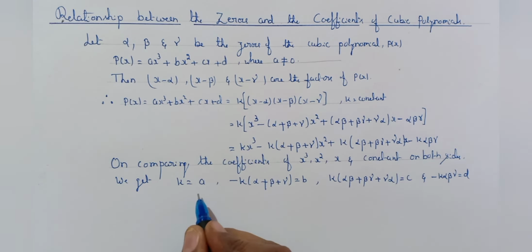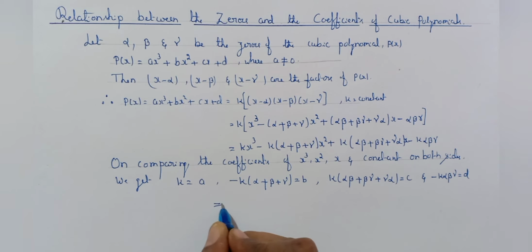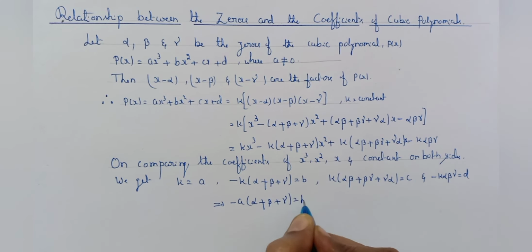Here k is equal to a. Substitute a in place of k. Minus a into (alpha plus beta plus gamma) is equal to b. So alpha plus beta plus gamma is equal to minus b by a.